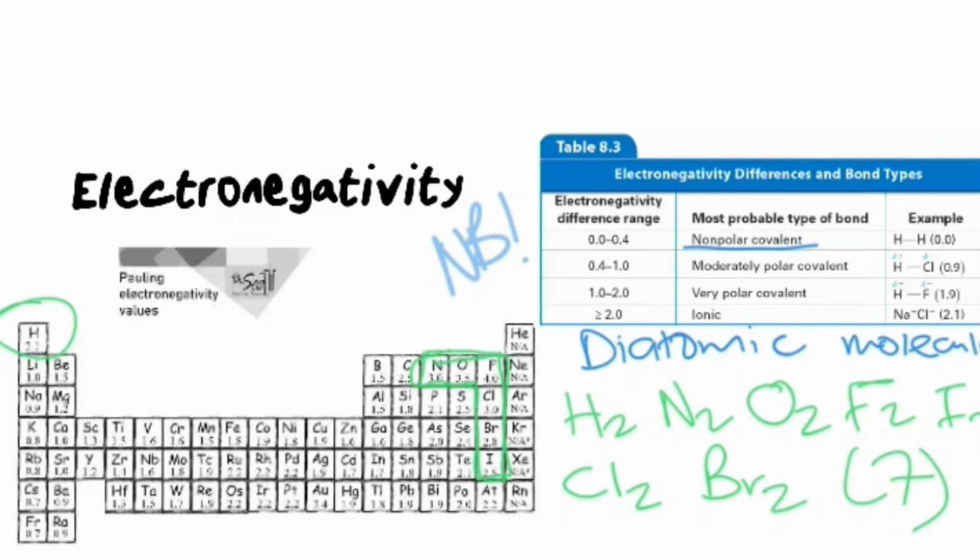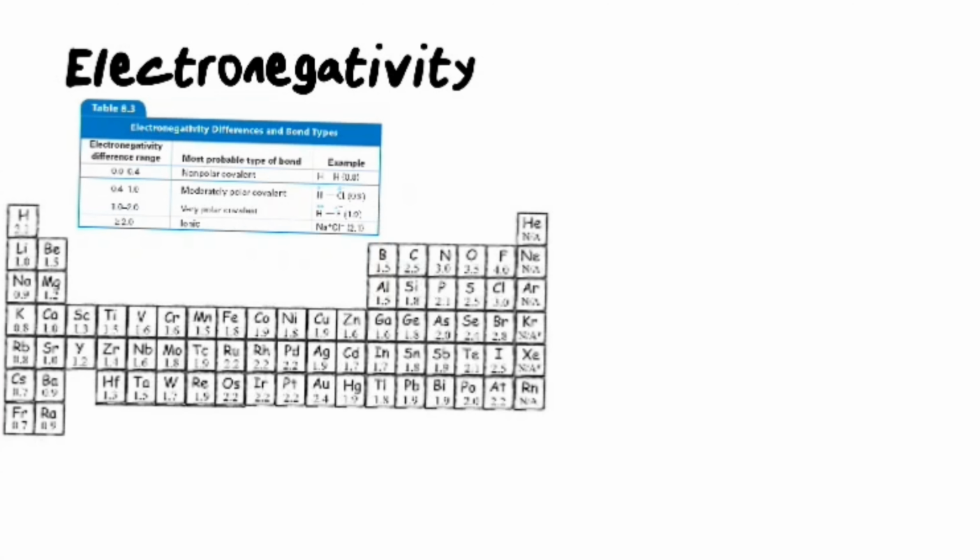In calculating this, when I look at my Pauling table, I will have an electronegativity difference of 0. Some examples of how to calculate the electronegativity difference: we're going to start with diatomic molecules. Let's say O2. I'm going to write the change in electronegativity and read off the electronegativity values from my table.